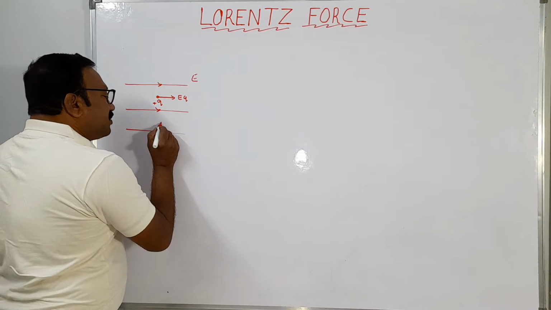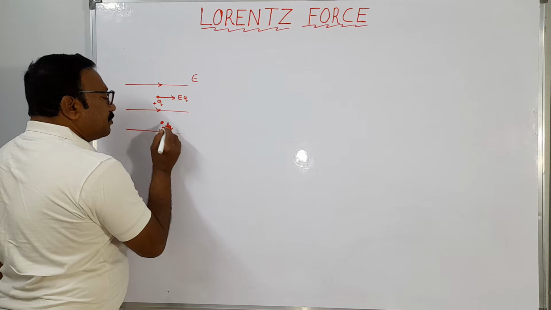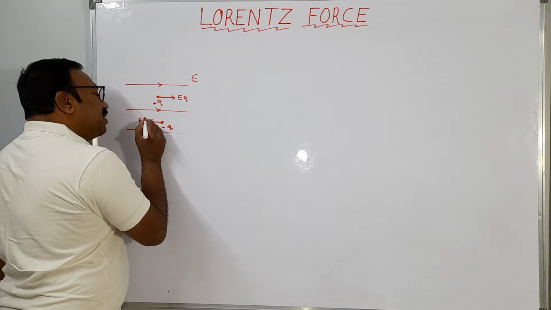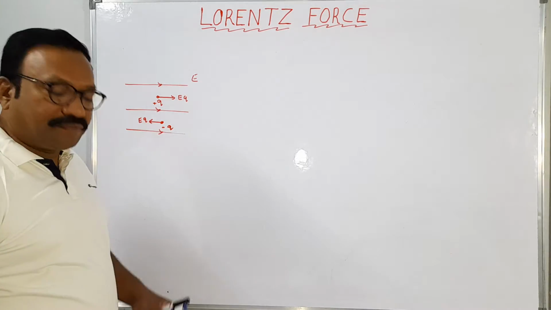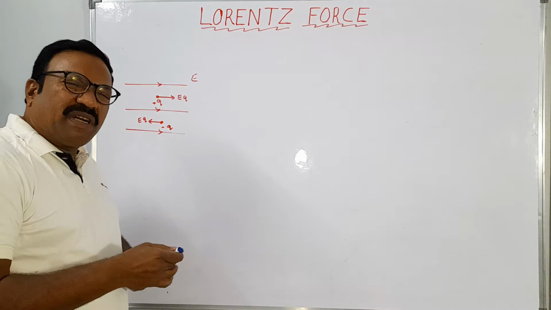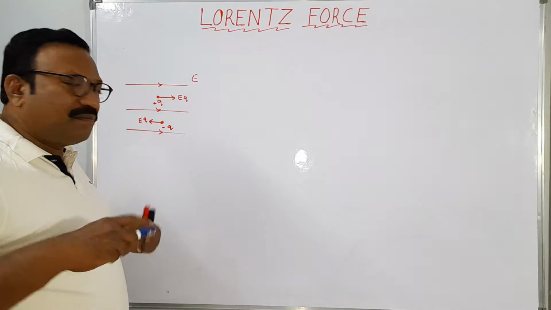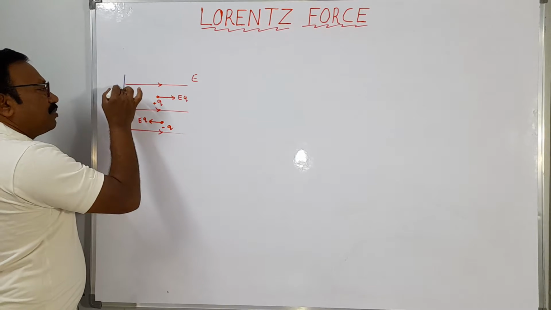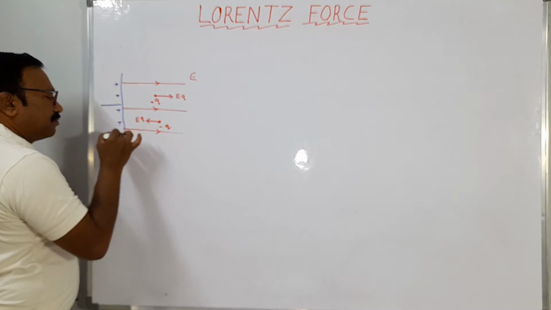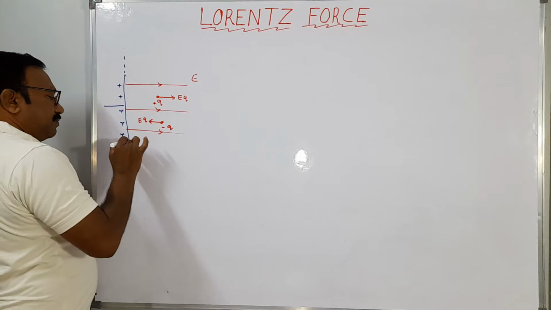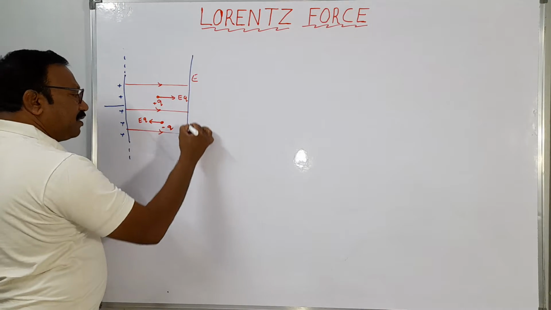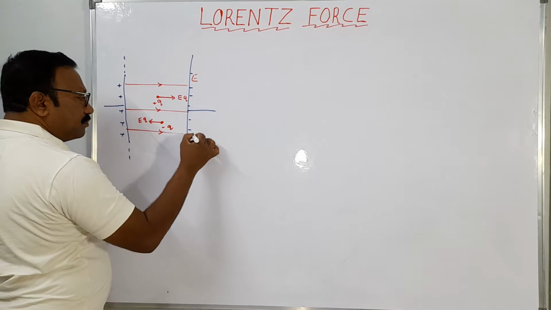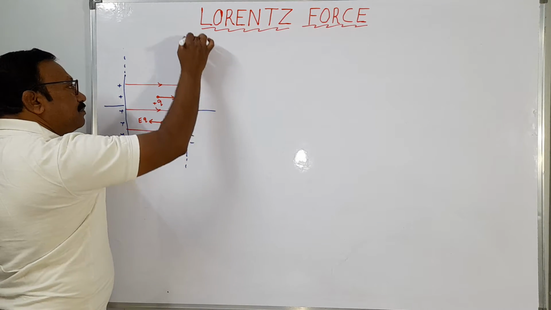And if we keep a negative charge, it will experience the force EQ opposite to the field. Let us not go into much detail, but suppose this is a positive plate, a very long plate, and this is a negative plate, a long plate.